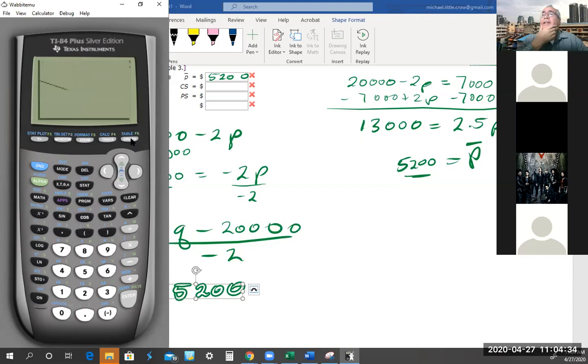We graph it. So this is our P, this is our P bar. What we want is the area between these two, so we want to do Y1 minus Y2. So we go to Y vars, function, Y1 minus Y vars, function Y2.